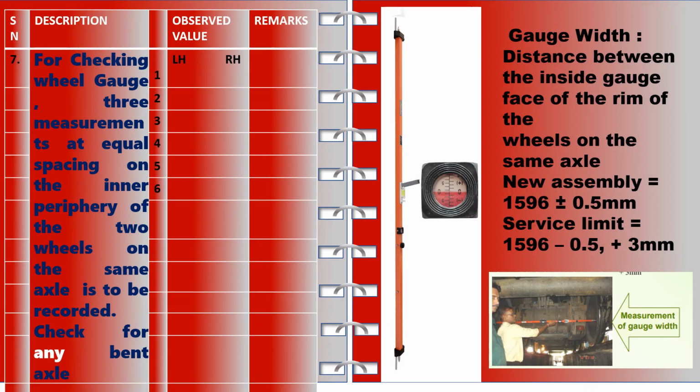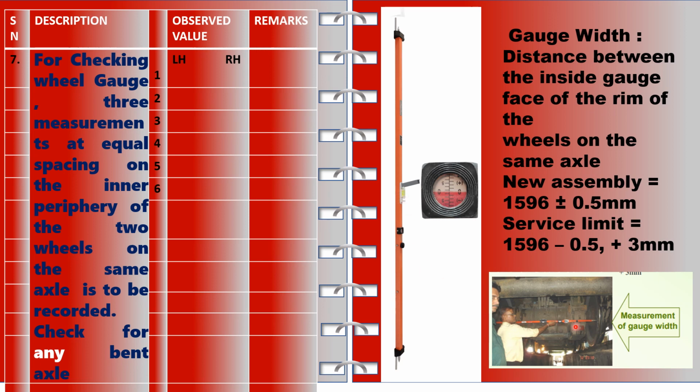Serial number 7 for checking wheel gauge, 3 measurements at equal spacing on the inner periphery of the two wheels on same axle is to be recorded, and we need to check out for any bend or so. So this is the gauge we use, and this is an enlarged view of the reading given over here.